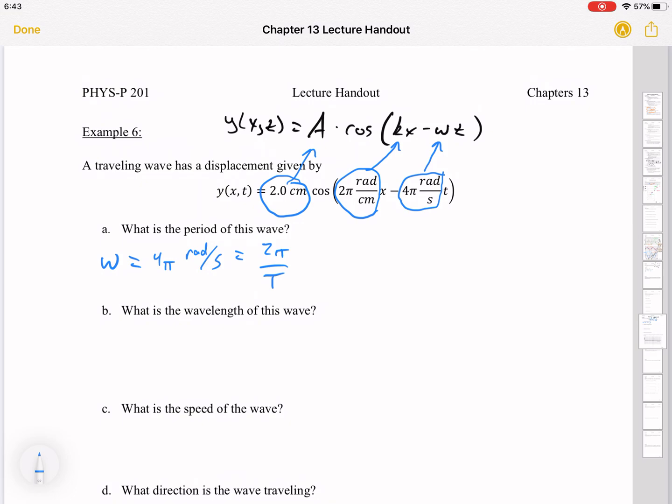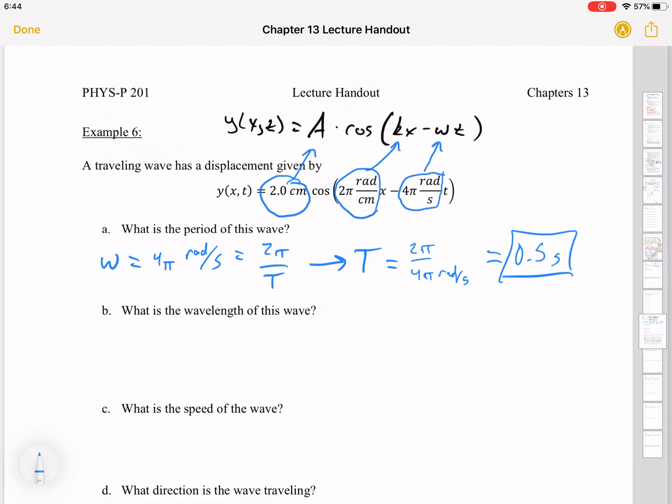So I can solve for period then. Period is 2 pi divided by 4 pi radians per second. And what I get then is the pi's go away, I get a half of a second.